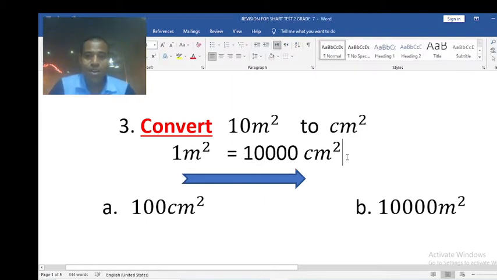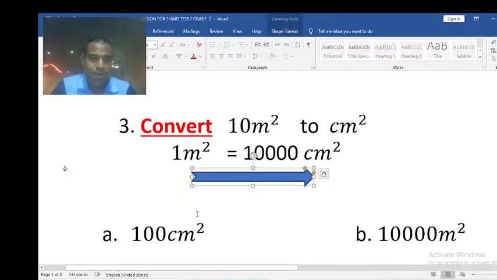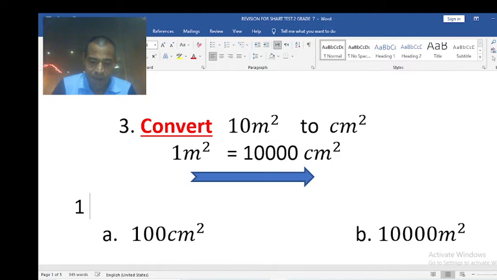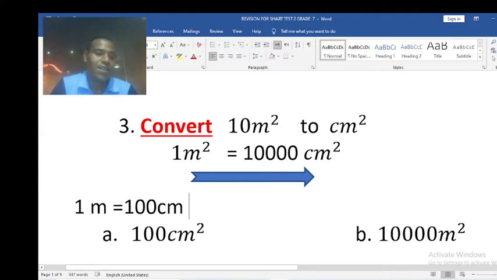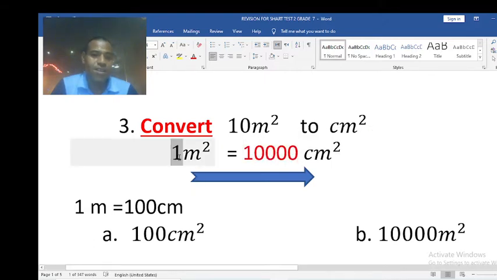Simply because 1 meter is equal to 100 centimeters. Then 1 meter multiplied by 1 meter gives 1 meter square, and 100 centimeters multiplied by 100 centimeters gives this one. Clear?